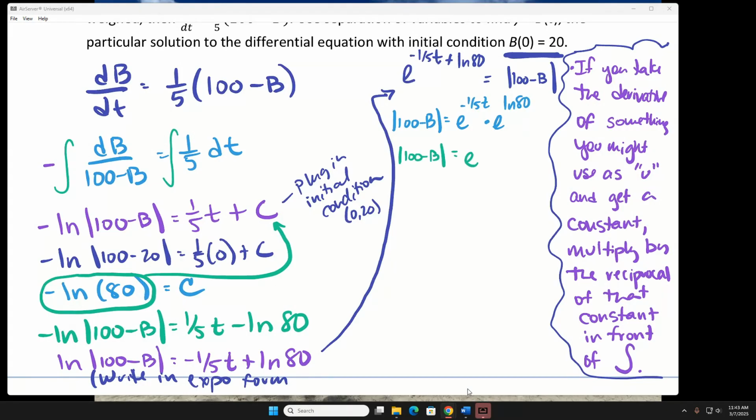And then I hope you also remember from either Algebra 2 or pre-calculus that when you have e raised to the natural log of 80, the e and the natural log will cancel out, and that just ends up being 80.